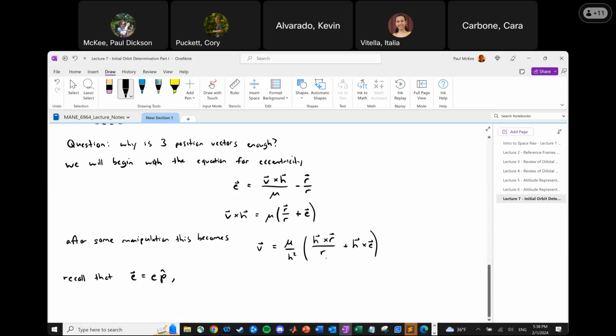And similarly, your h vector is really your h scalar in the w hat direction, because w is the direction that points in the direction of h. And so we can kind of work with this a little bit more, and this becomes that your velocity is mu over single h, w hat crossed with r over r plus e in the q hat direction.